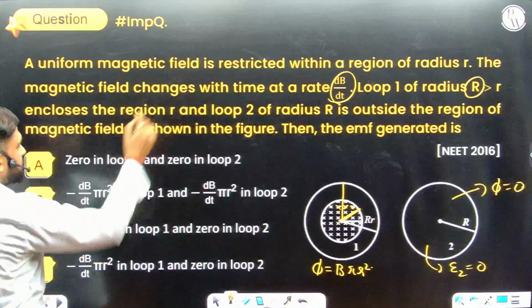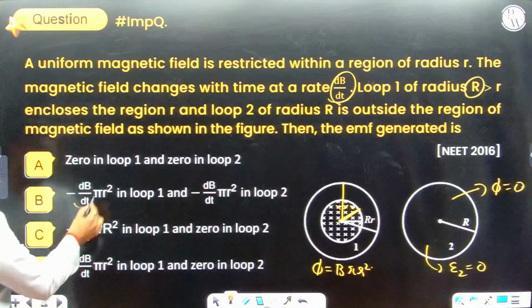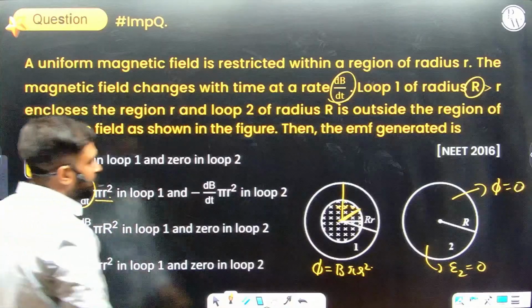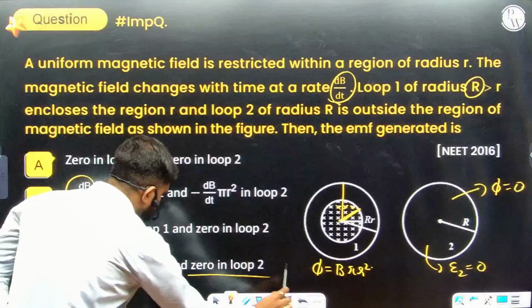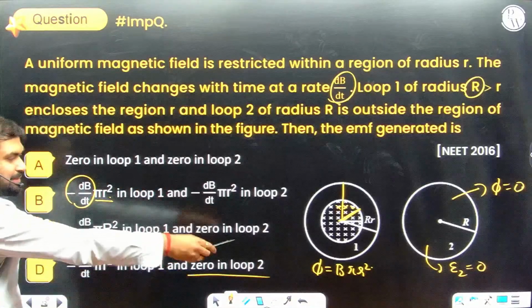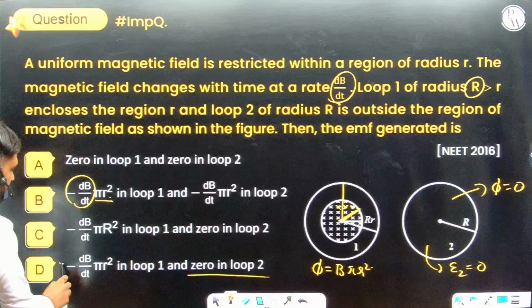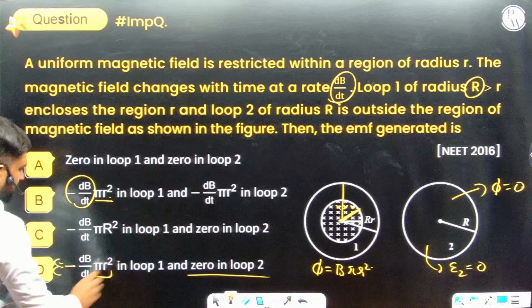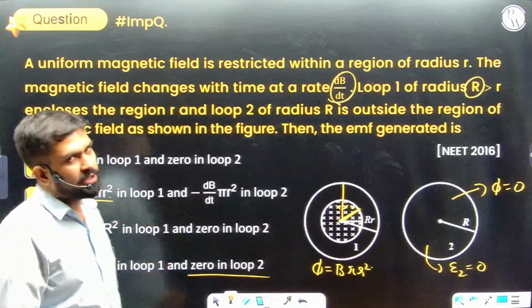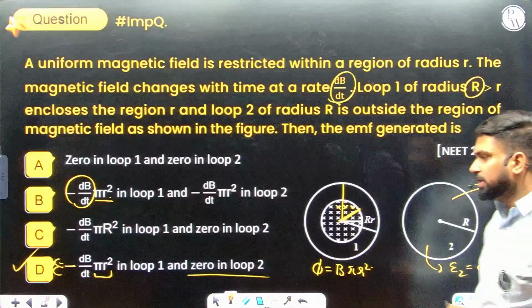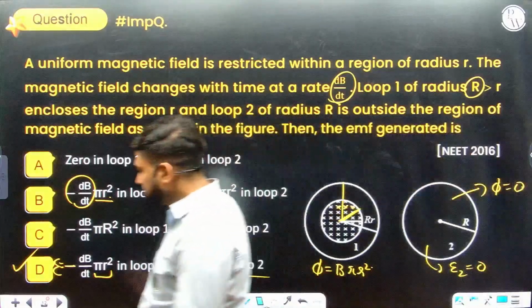They are saying it's changing at dB by dt, so it is minus dB by dt into pi small r square. So in loop 2 the flux is 0, and in loop 1 the flux will be B times pi r square. So the EMF is minus dB by dt times pi r square. So option D. This is how you can easily guess this. Straightforward problem, nothing so fancy, nothing so difficult.